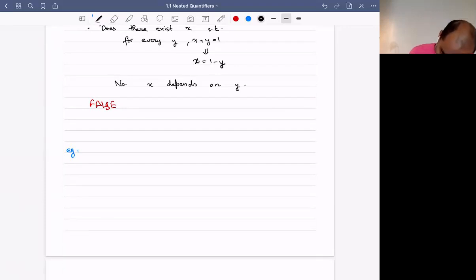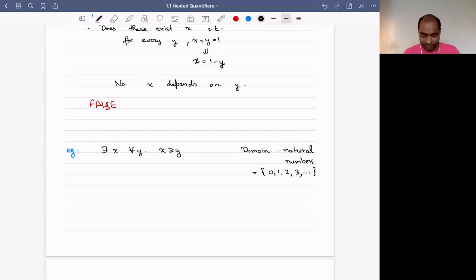So take your time. Let's say there exists an x such that for all y, x is bigger than or equal to y. And now let me put the domain as natural numbers. And just as a convention, natural numbers for us will start with 0. Okay, now let's parse this.